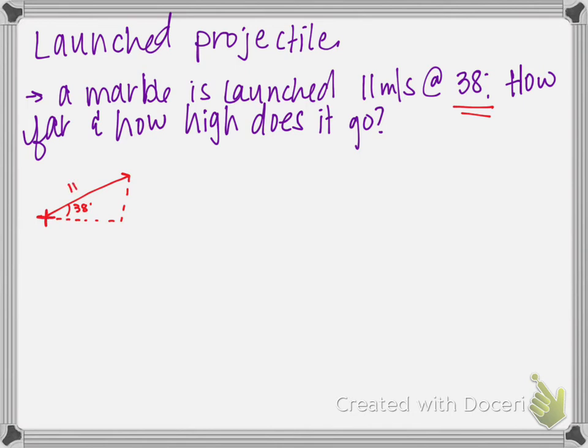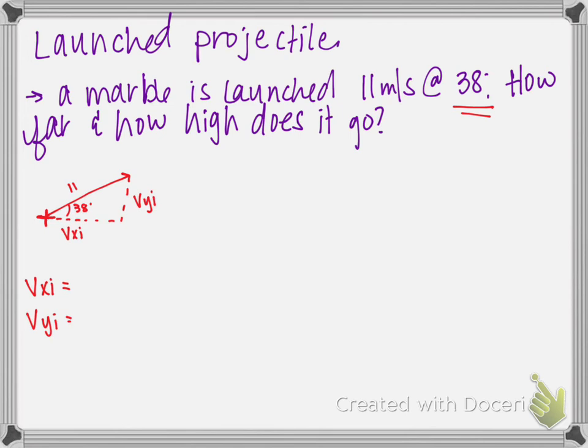Yep. So if this is my initial velocity, this side has to be Vyi, and this side has to be Vxi, right? It's the x and y components of my initial velocity. So that has to be step one in a launched projectile, that we break down that vector into its x and y components. So for x, we will use which one, sine or cosine?